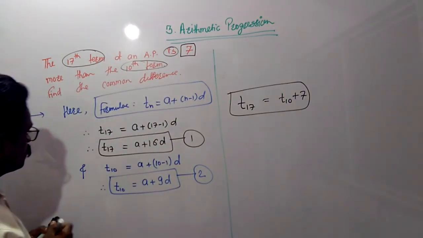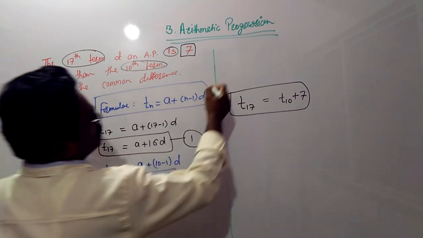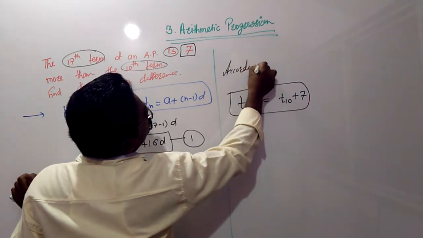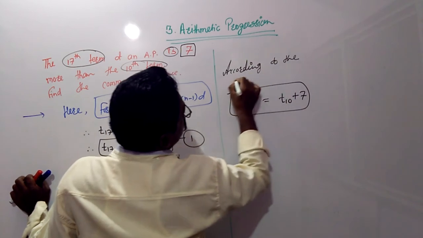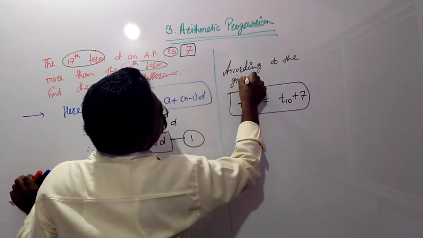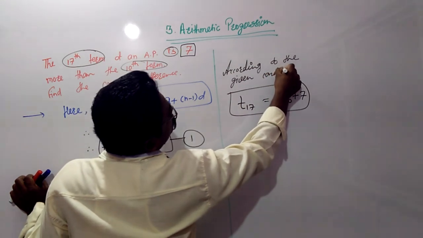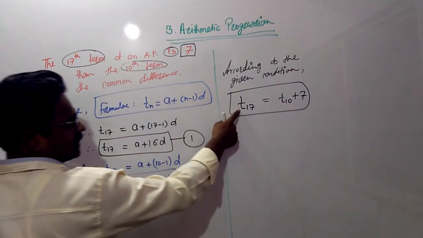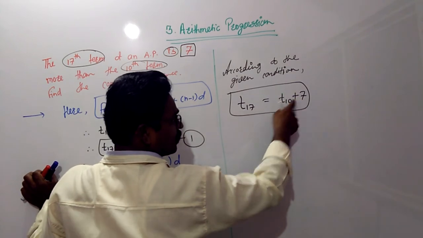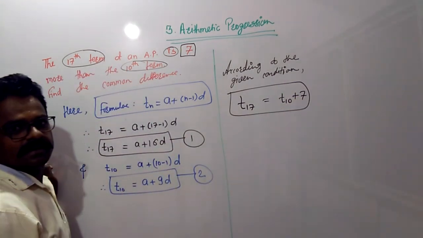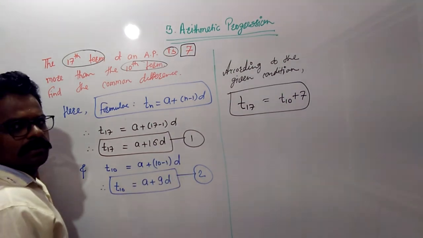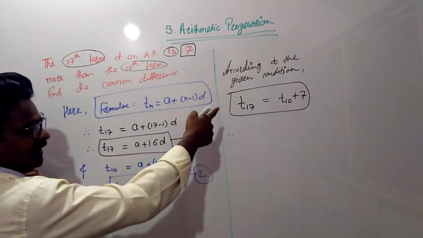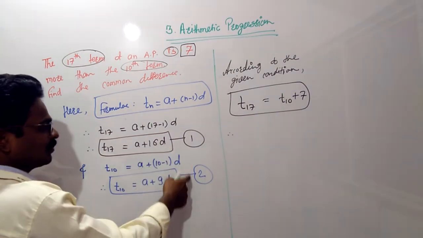So according to the given condition, we insert the values of T17 and T10 from equations 1 and 2.